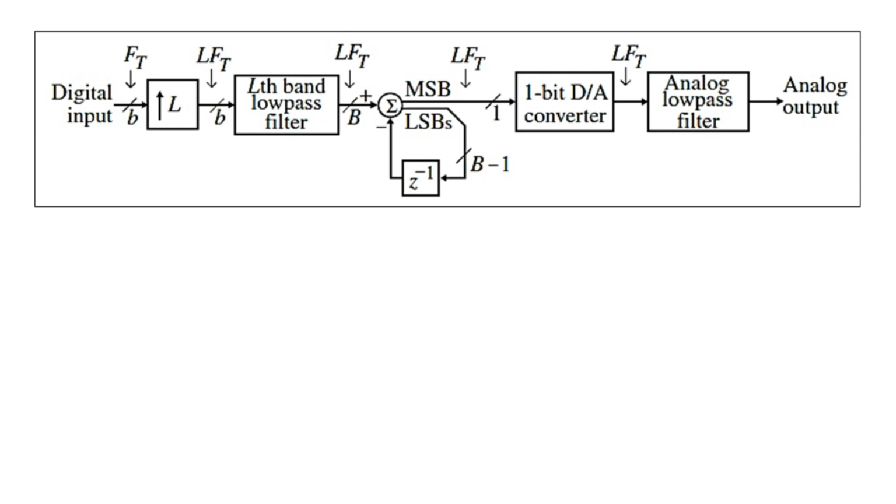Further we feed it to a summer where the MSBs and LSBs are separated, finally giving the resulting signal to the 1-bit D to A converter structure, and at last by passing it through the analog low pass filter we get the analog output here. So this is the reverse process of what we saw in the previous topic.